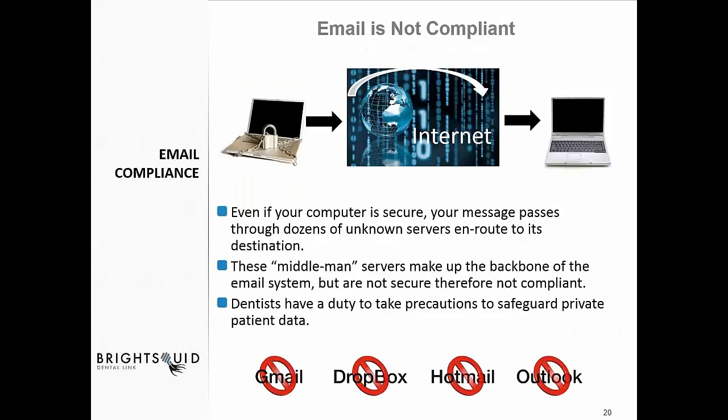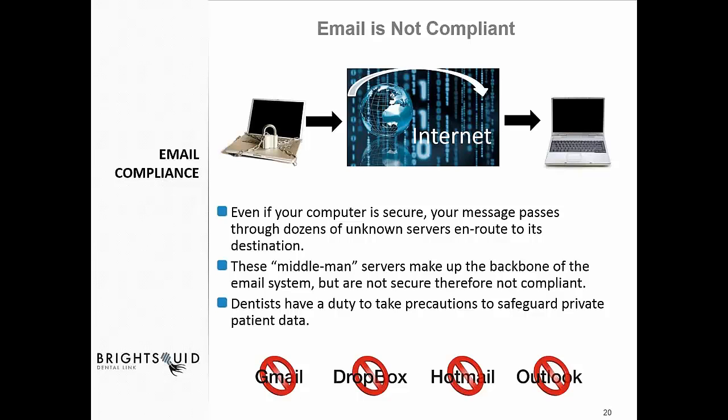So it's worth talking just a few seconds about why email is not compliant. Even if your computer is secure, even if you've taken Dr. Lavine's advice and you have your encryptions and all of the backup going through encryptions, when you send an email, it passes through dozens of servers that you don't know about before it gets to its destination. We call those middleman servers, because all they do is take that message and send it to the next recipient.